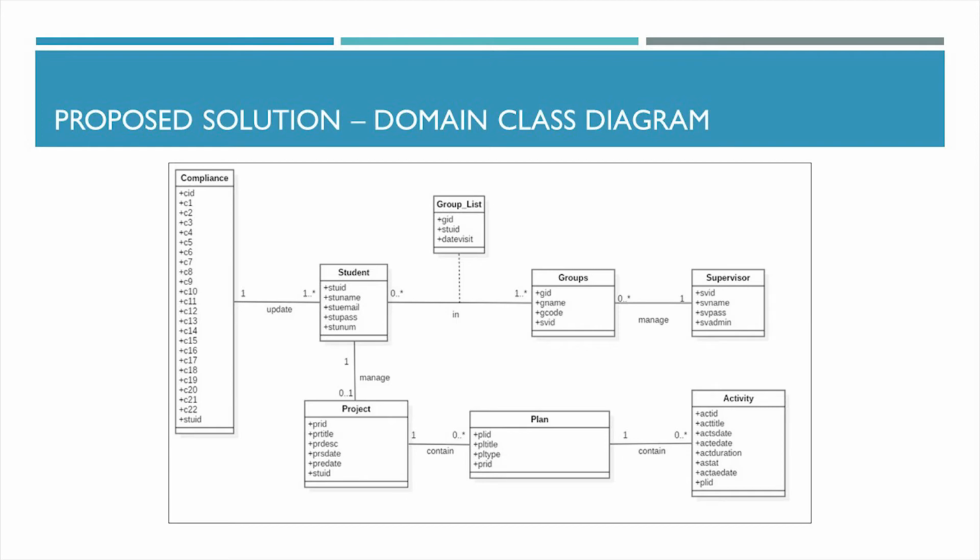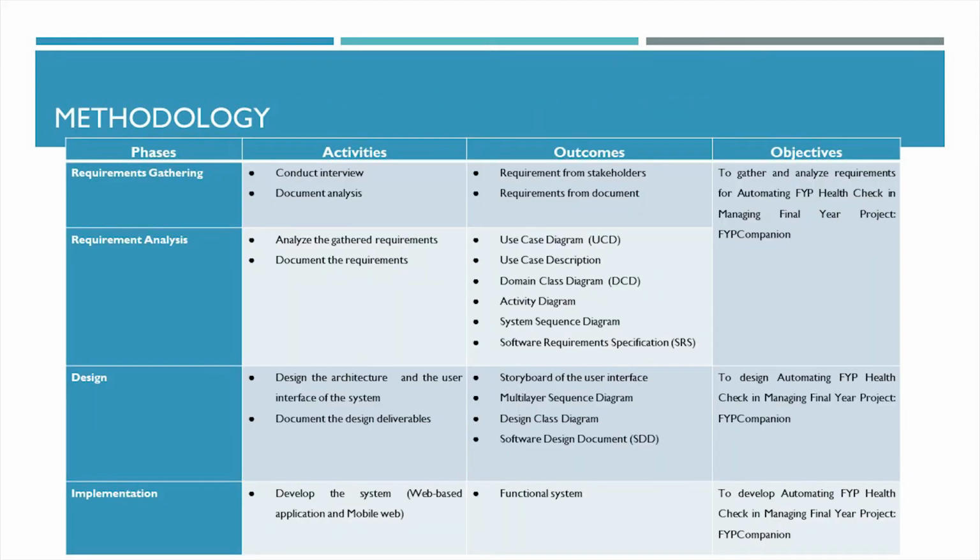This project is using the waterfall model methodology. The phases are requirement gathering and analysis, design, and implementation. In gathering the requirements, I conducted interviews and did document analysis. The outcome is requirements from stakeholders and requirements from documents.